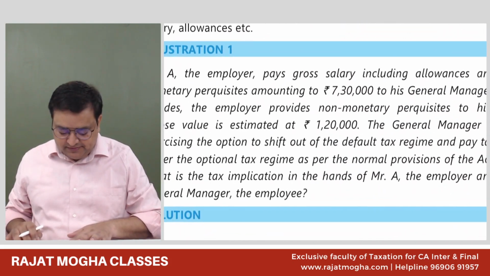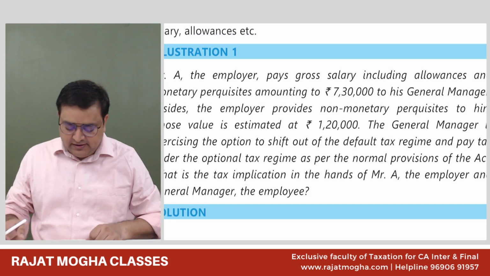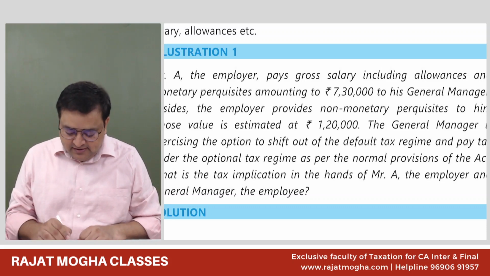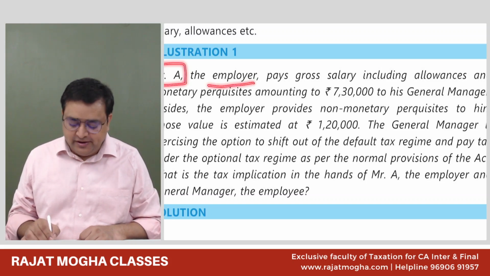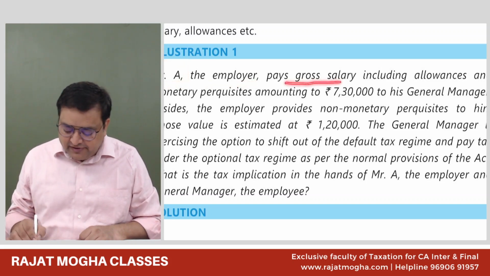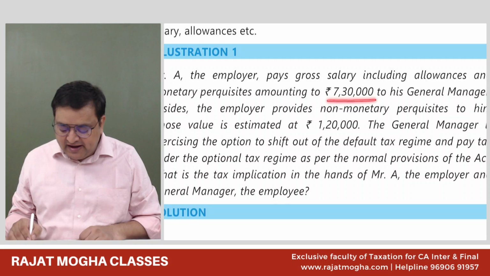illustration number 1. It says that Mr. A is an employer. So A is an employer, pays gross salary including allowances and monetary perquisites amounting rupees 7,30,000 to his general manager.